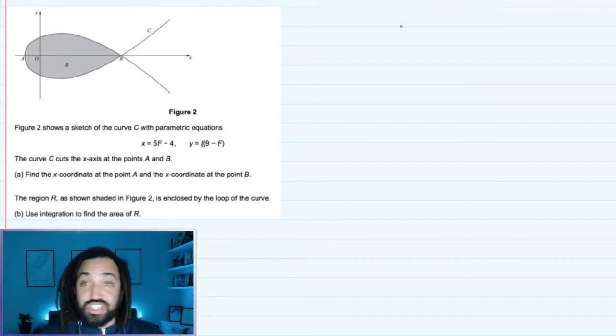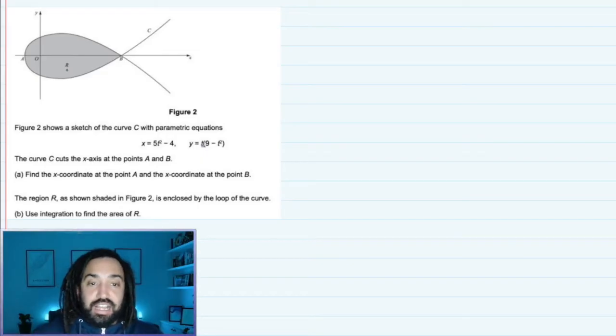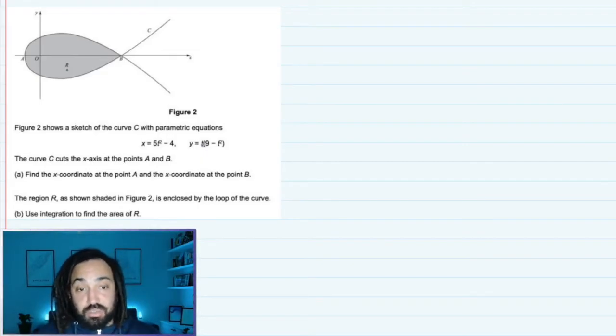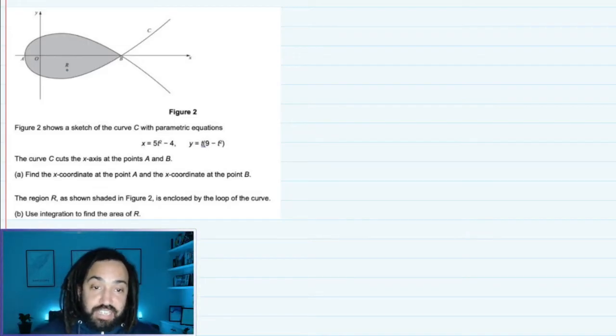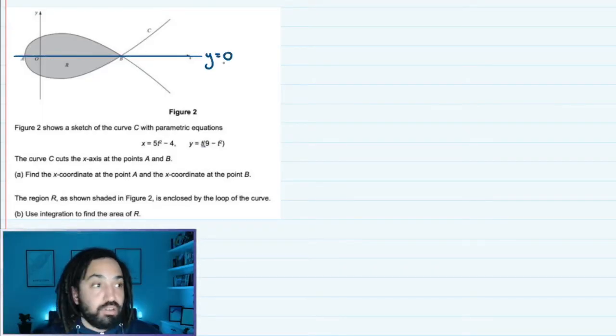Okay, we got a fish. Beautiful. Look at this. This is a parametric equation, and you've got the x and you've got the y, and it says that the curve C cuts the x-axis at A and B. Find the coordinates of A and B. Well, if it cuts the x-axis, then we know that along that line y equals 0.